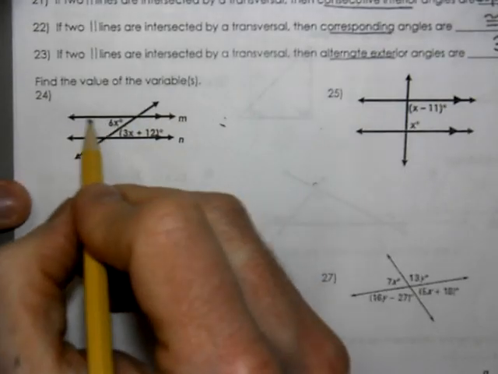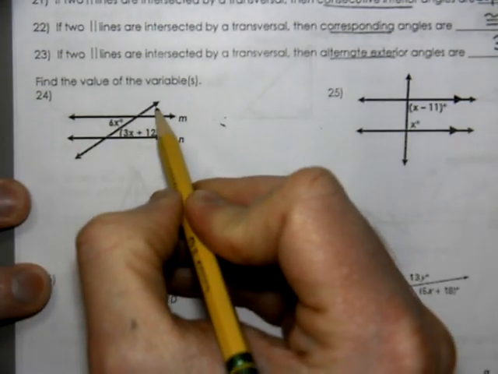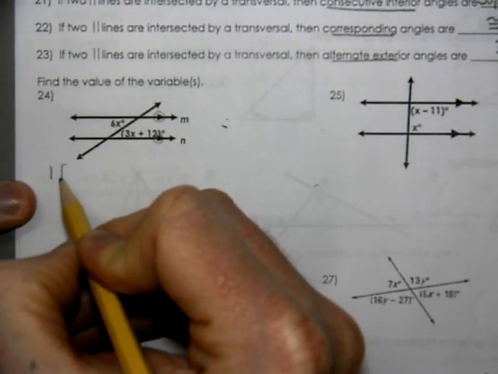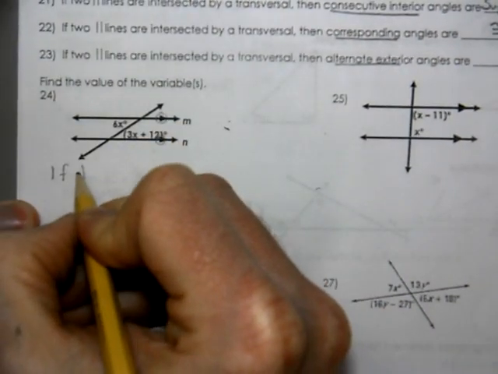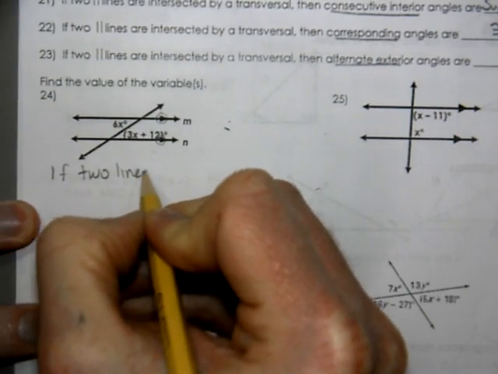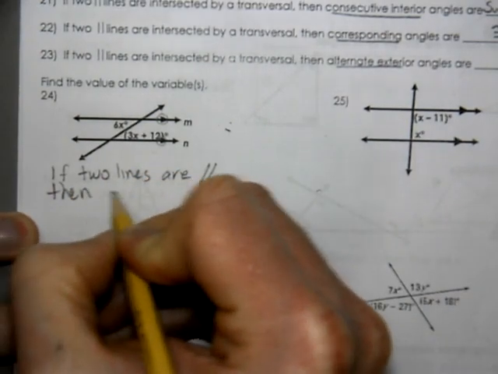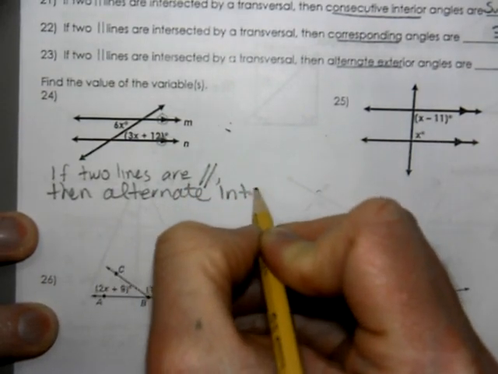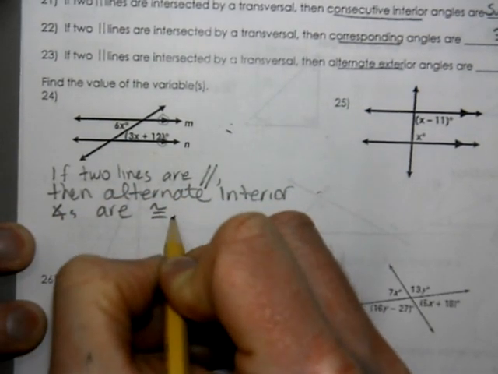So using that, we look here at number 24, we have to identify what type of angles these are. We see the arrows in the middle of the lines. That tells us that the lines are parallel. If two lines are parallel, then alternate interior angles are congruent.